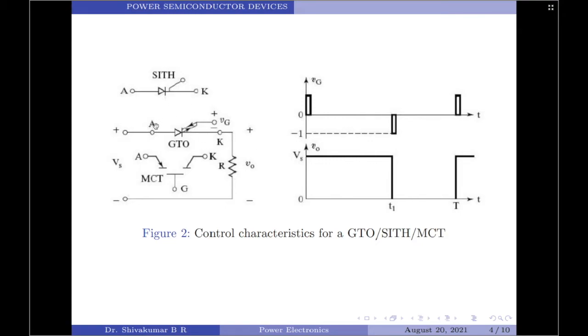Also, the same thyristor can be turned off by providing a negative gate pulse. You can see the application of a negative gate pulse makes the output 0, which simply means that the GTO has turned off. So, a GTO, SITH and MCT can be called controlled turn on and controlled turn off devices.